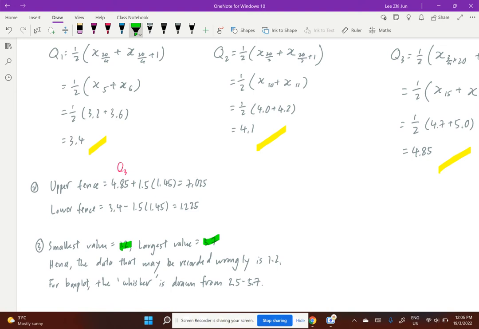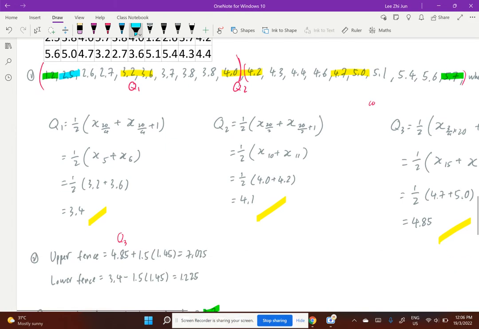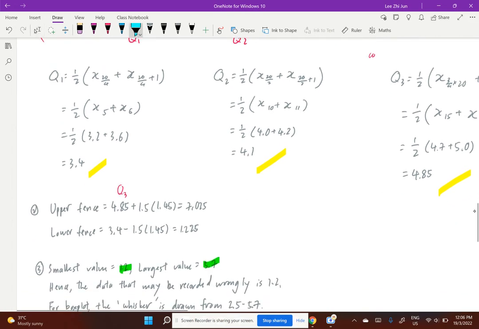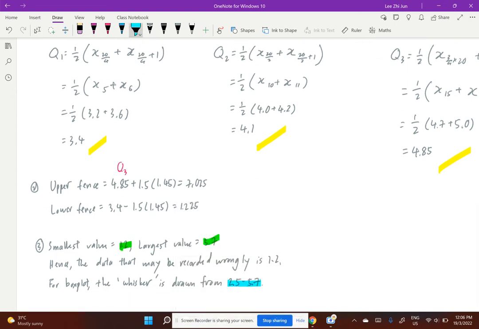So for the box plot, the whisker is drawn starting from the second value, because 2.5 is larger than the lower fence, right? So the whisker is drawn from 2.5 to 7.